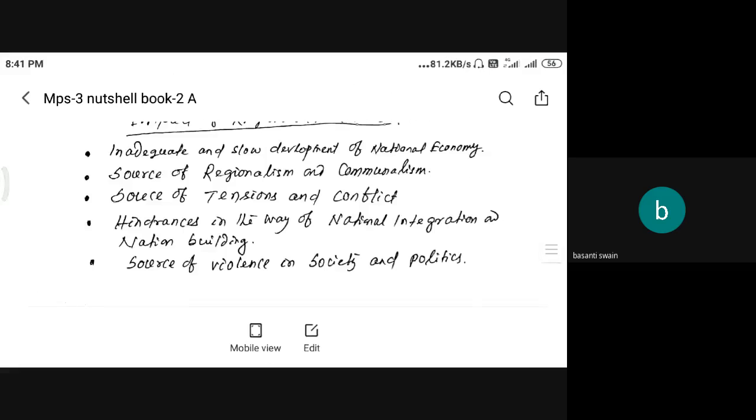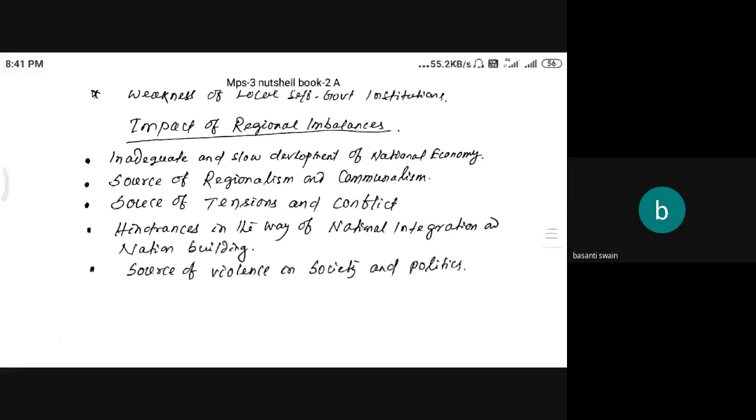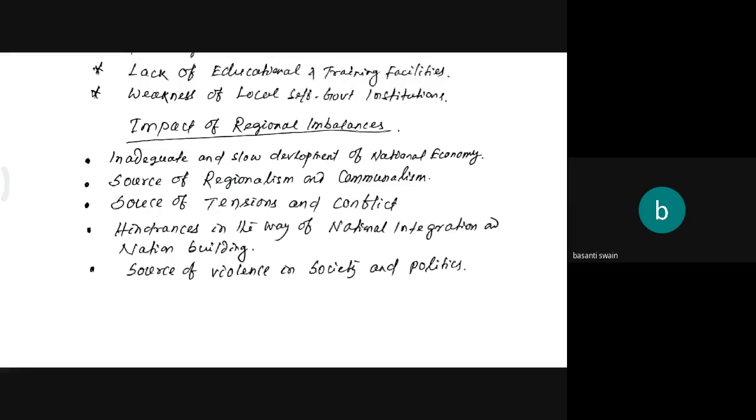Number one, inadequate and slow development of the national economy.